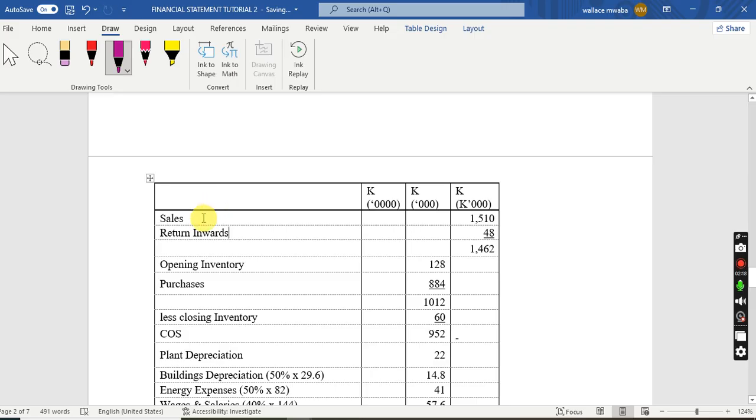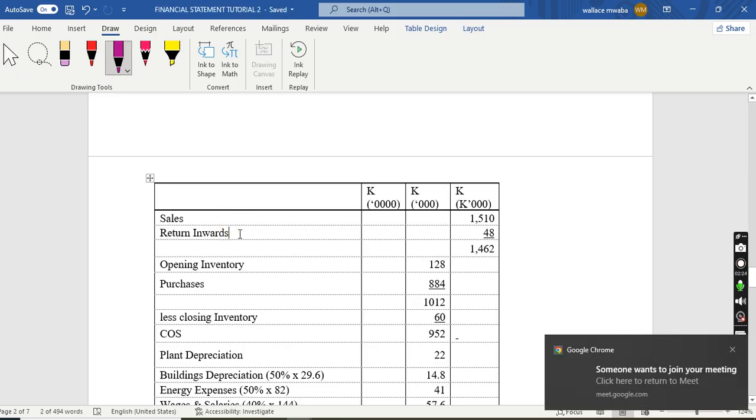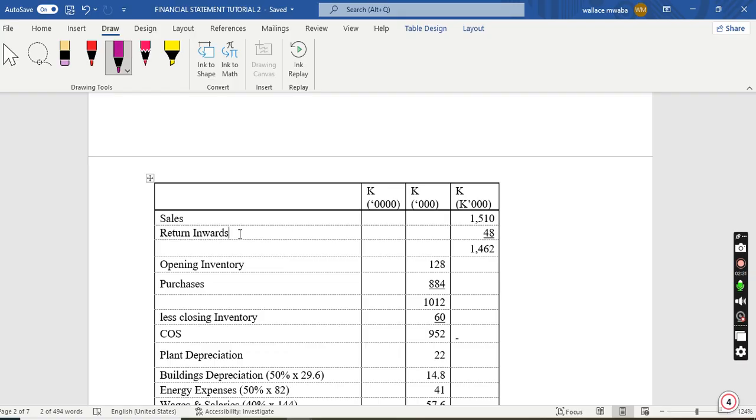Then the next item that comes in is return inwards. As we said, colleagues, return inwards are the goods returned to you by your customers. When they return, you have to give them their money back. So you have to deduct return inwards.